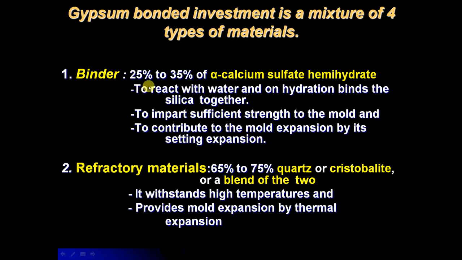Starting with the binders, 25 to 35% of alpha calcium sulfate hemihydrate is used to react with the water and on hydration binds the silica together to impart sufficient strength to the mold and to contribute to the mold expansion by its setting expansion.